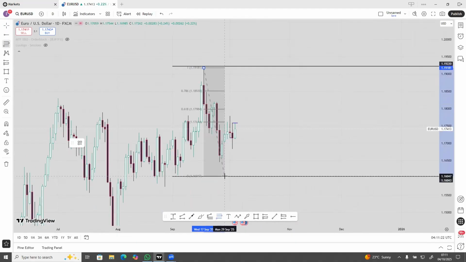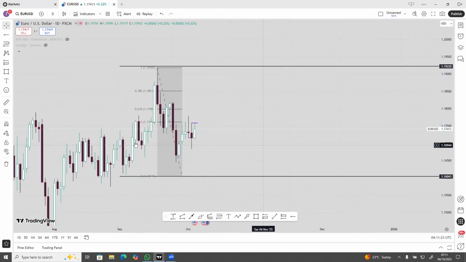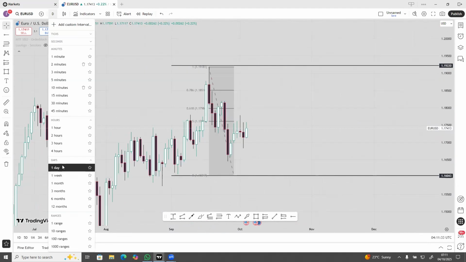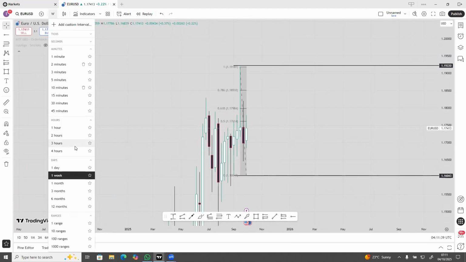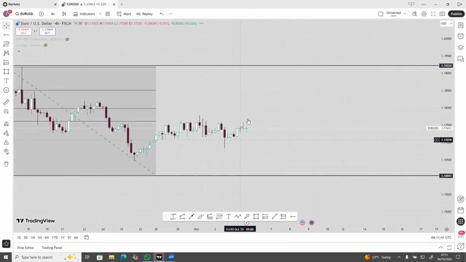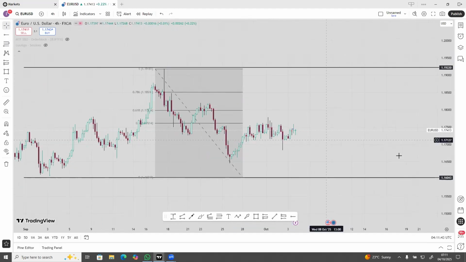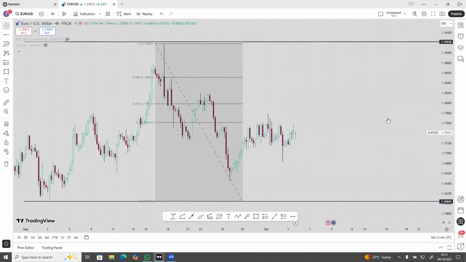That is the premium and discount level, and you can see right now price has already retraced to 50% of that Fibo. It retraced already to that 50% of the Fibonacci extension. So what we are supposed to do is find a point of interest available in premium. We have to take a short position clearly.